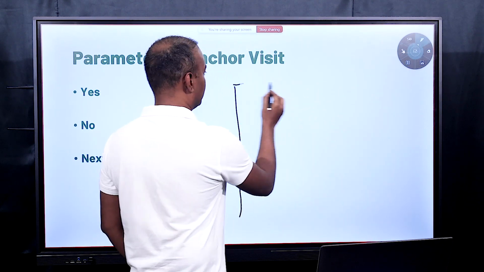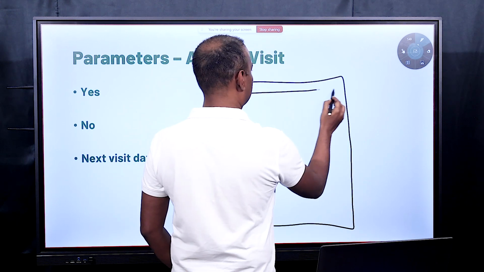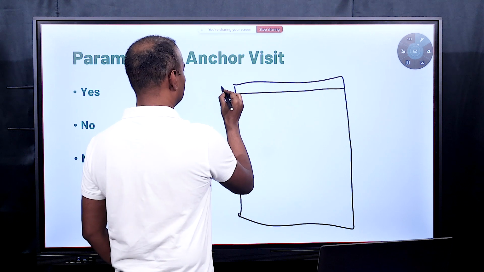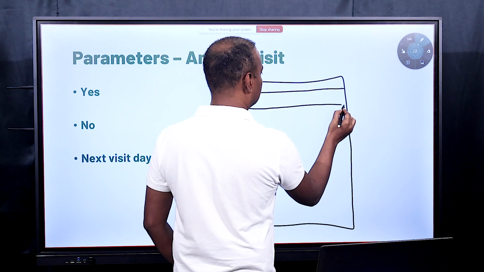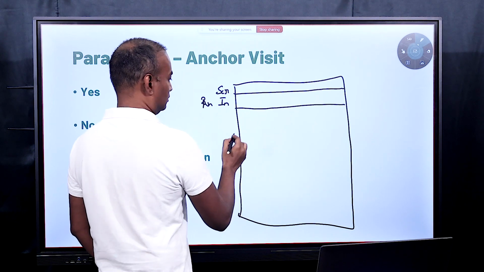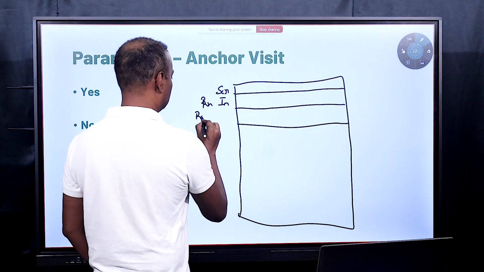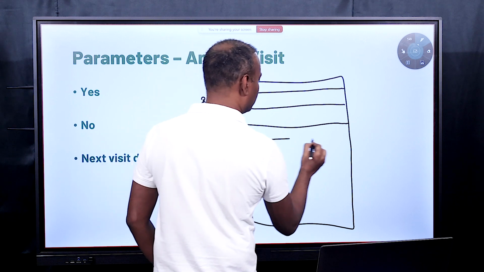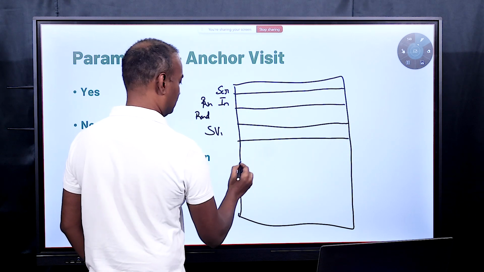Think there is a patient. This is the first visit. First visit is screening. Second visit is run-in. Third visit is randomization. Fourth visit is scheduled visit 1.